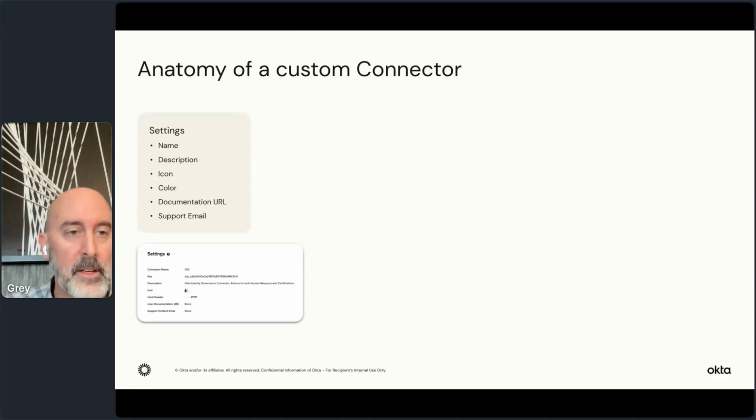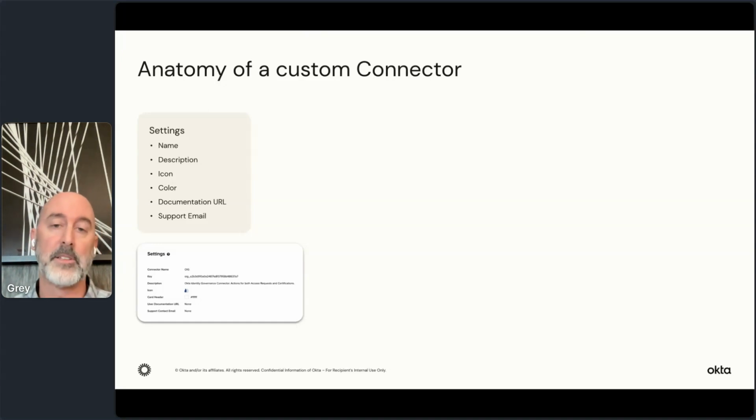Okay, no worries. So just to do a high level of what it takes to build out a custom connector, and this is probably one of the last slides before we actually jump into building one in a live demo. So there are a few basic configuration settings that need to be set up when you first create your connector. There's a settings section, and this is essentially the branding of your connector.